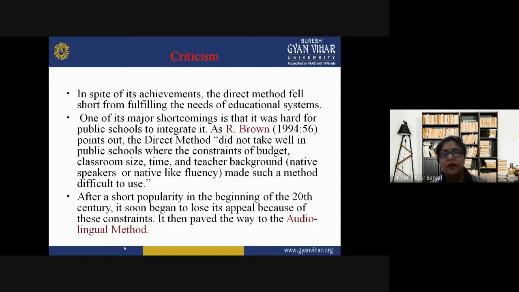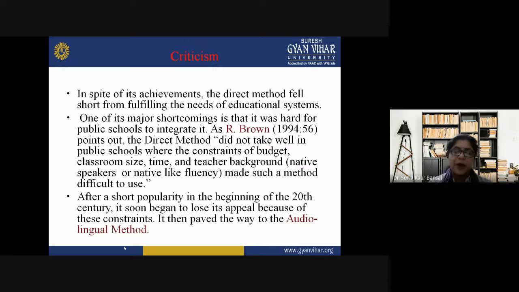So, students, it is important for all of us to understand that, being English teachers, you have to remember that students are learning well when they learn through the direct method to learn the English language.